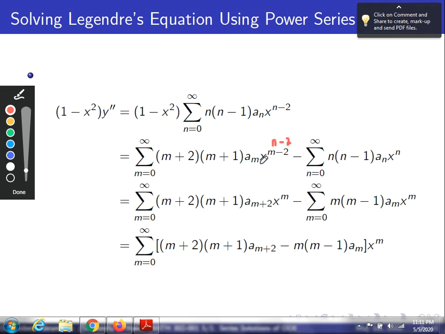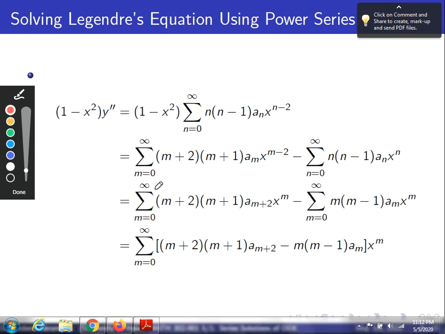Now when you set m equal to n minus 2, n is equal to m plus 2, and n minus 1 is equal to m plus 1. That's why we're left with this a sub m plus 2.